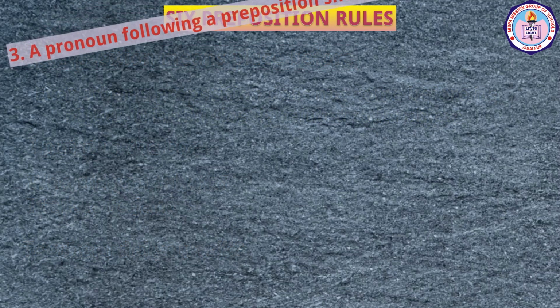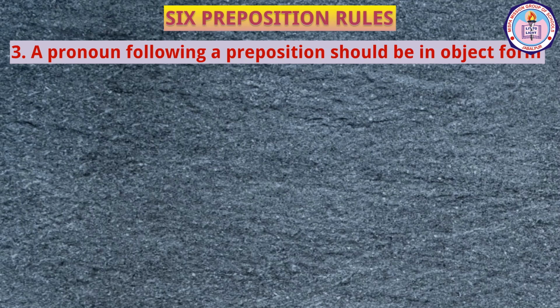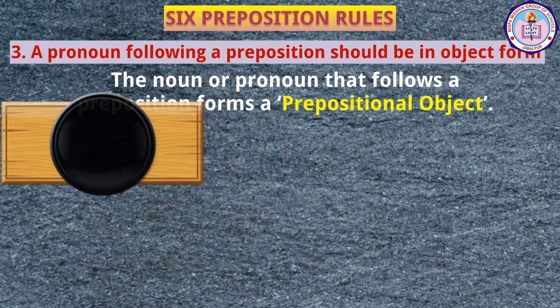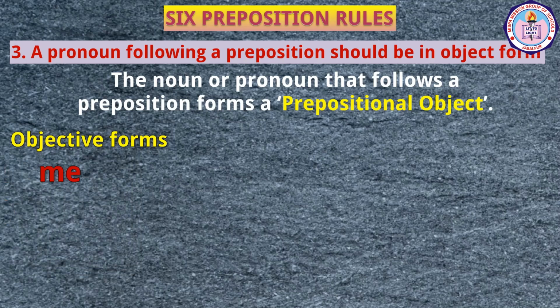Third, a pronoun following a preposition should be in object form. The noun or pronoun that follows a preposition forms a prepositional object. If it is a pronoun, it should therefore be in the objective form such as me, us, you, him, her, it, and them.